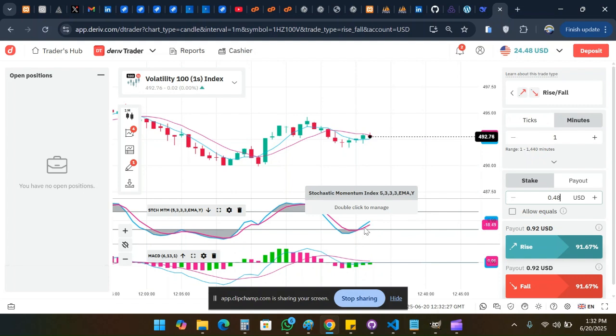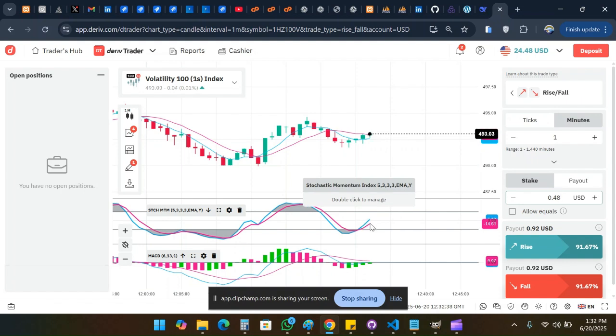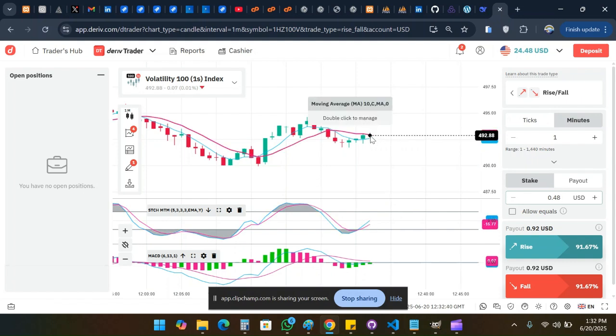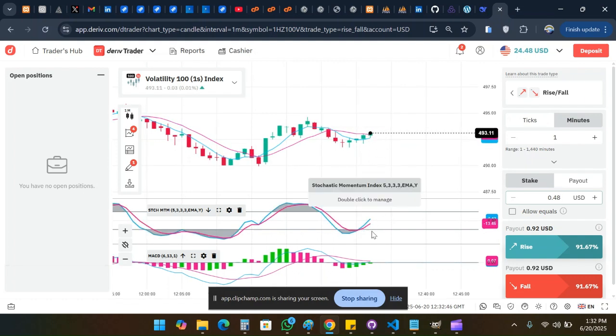But it is not as strong as when you use another setup to confirm the crossing above of this stochastic. You see now that the price is going up. The seller was trying to come down, but the buyers are preventing them. That is what you should know.